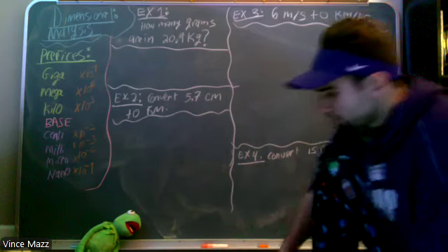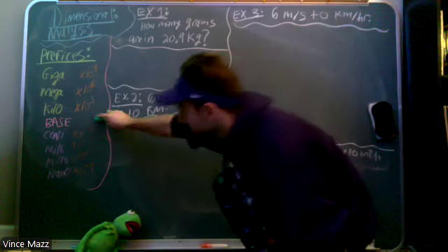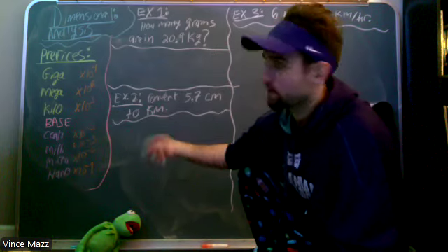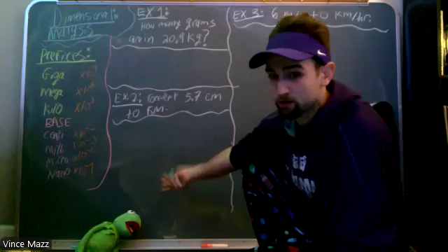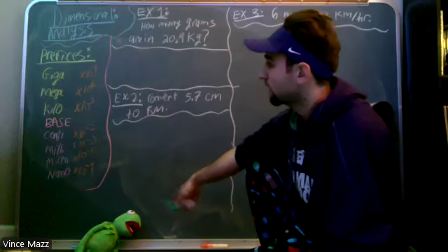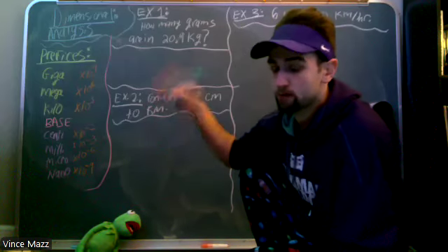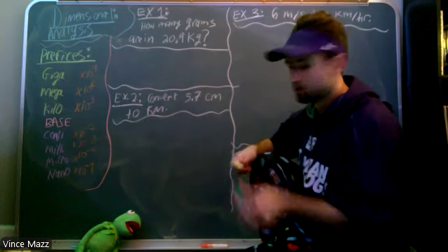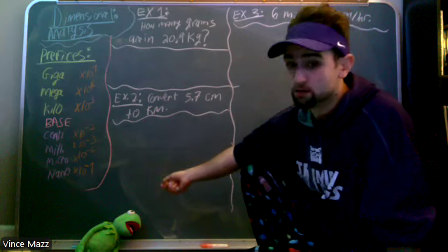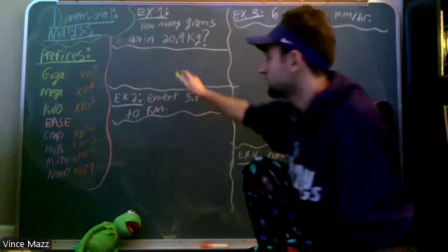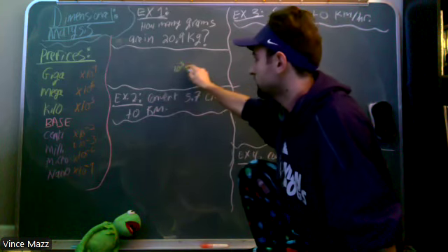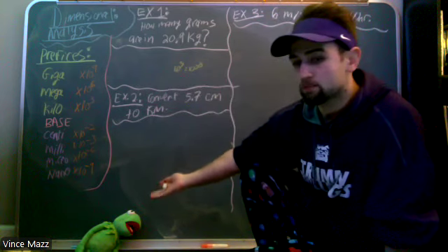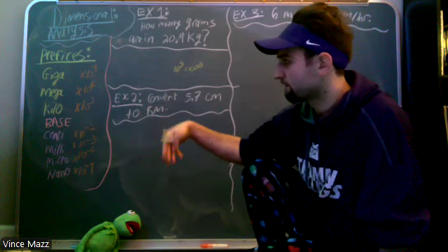But some of the basic ones, we usually start at the base. So if you see a word that has kilo in it, like a kilometer or a kilogram, that usually means that you're multiplying by 10 to the third. Now, what is 10 to the third? It is 10 with 3 zeros instead of 1, right? So 10 to the third is just 1,000, meaning that there are 1,000 meters in a kilometer.